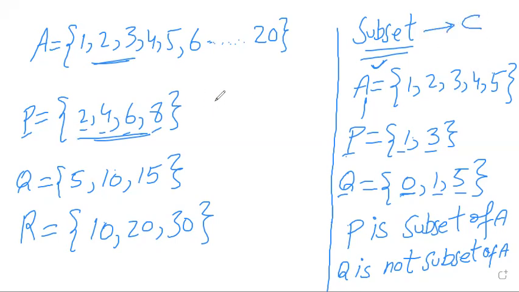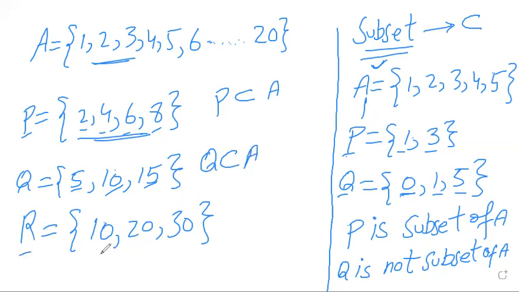So I can say P is a subset of A. Okay. What about Q? 5 of Q, yes, 10 of Q is in A, 15 yes, so I will say Q is a subset of A.